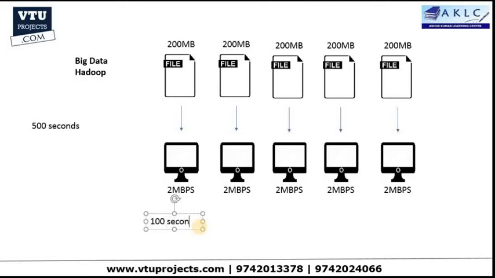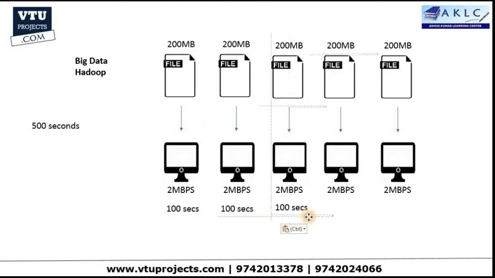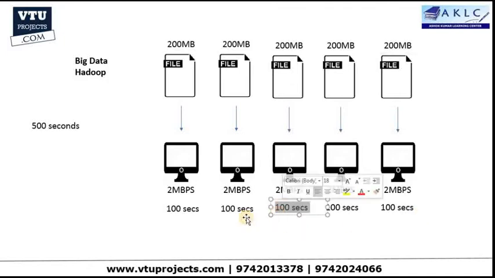The same 100 seconds will be taken by all the other laptops. What you have to note down is all the laptops will be working in parallel because they are independent of each other. So the overall time taken is just 100 seconds.